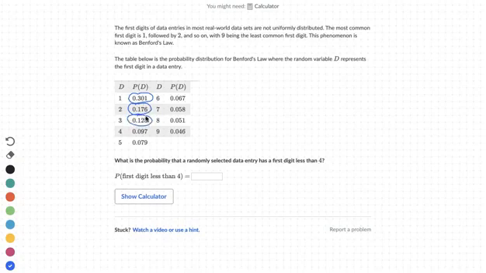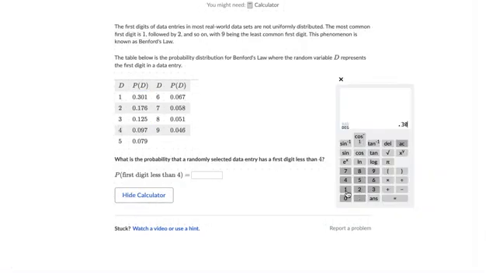So we need to add these three probabilities because these have a first digit of 1, 2, and 3. And those are the outcomes where the first digit is less than 4. So the probability of getting a first digit less than 4 when we randomly select a data entry is 0.602.